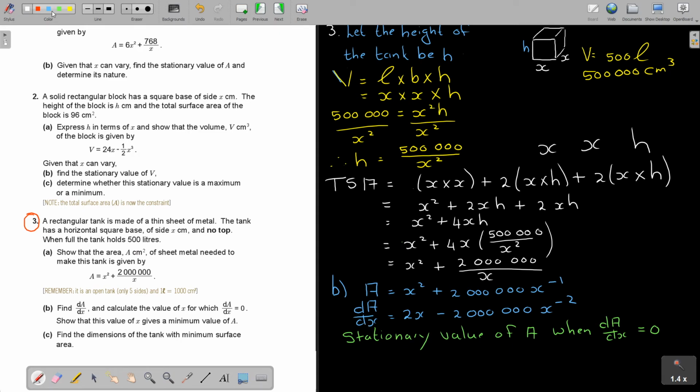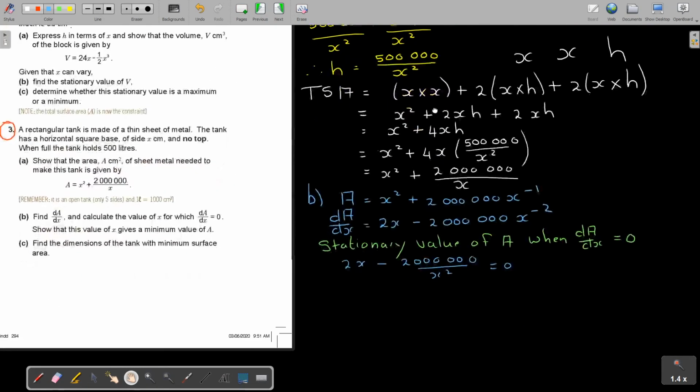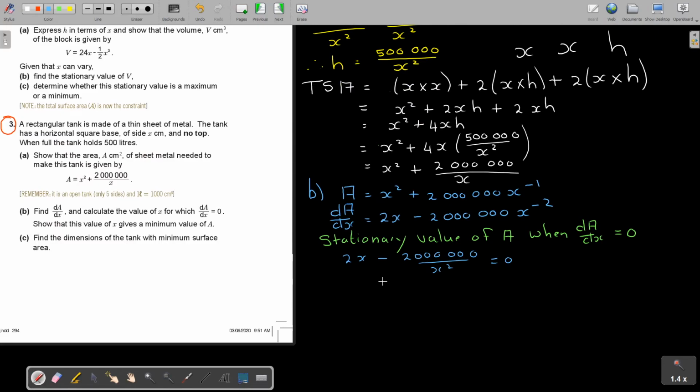So I'm going to say 2x minus 2 million over x squared equals 0, so 2x, okay, and if I multiply this out, I'm going to do 2x cubed is 2 million.